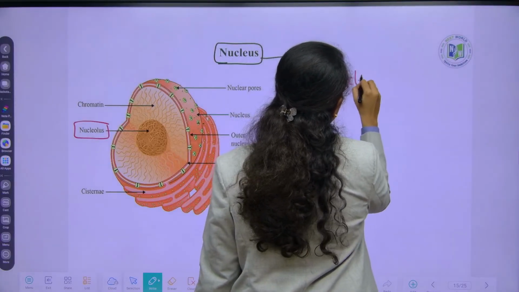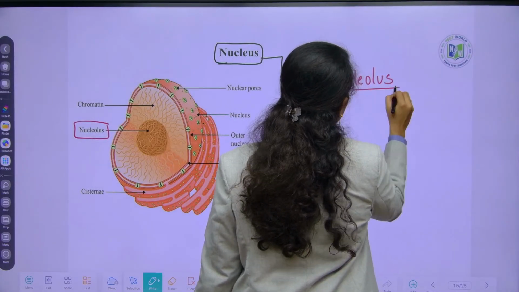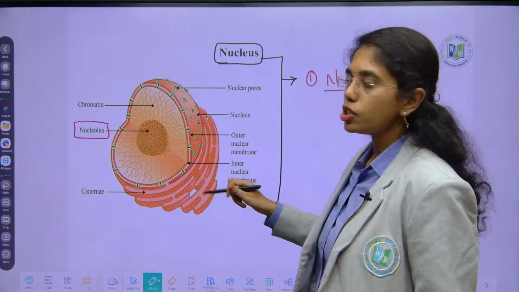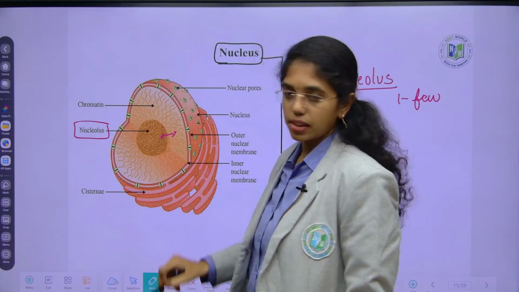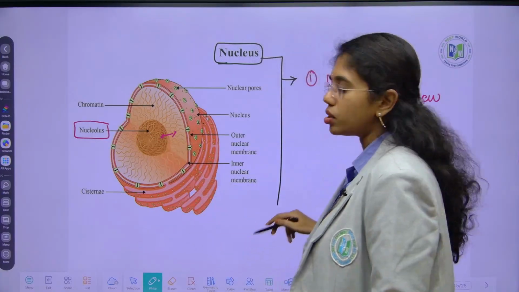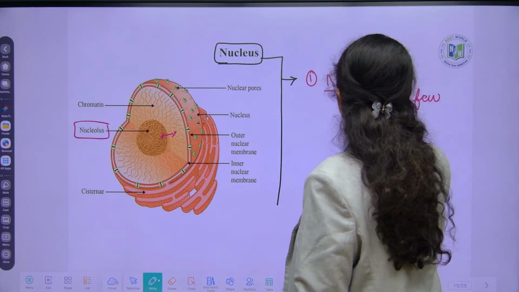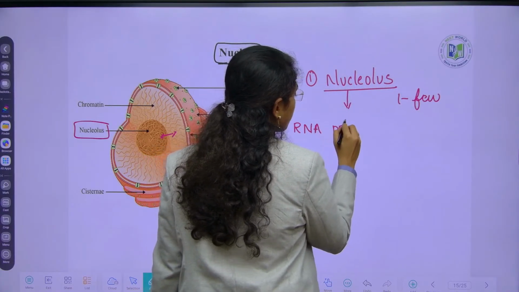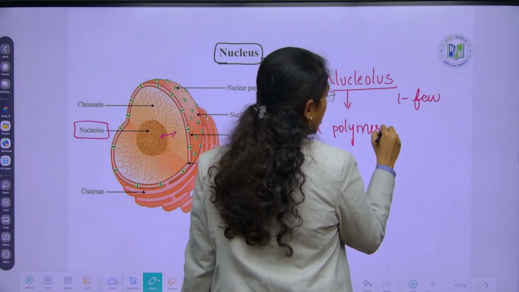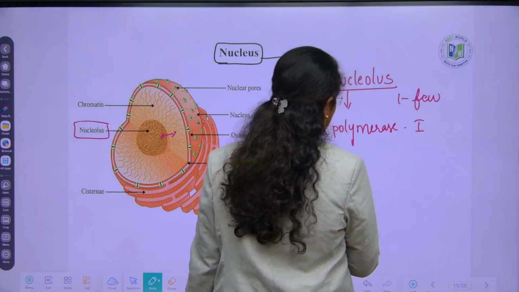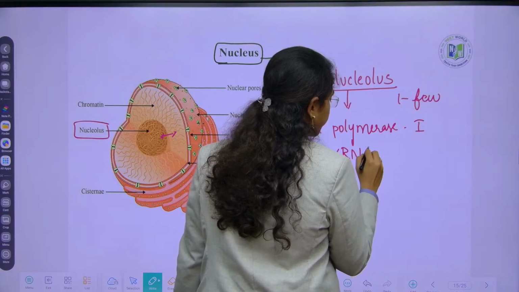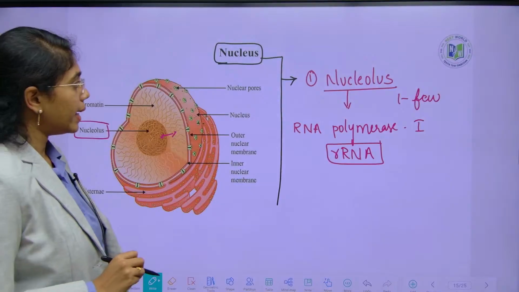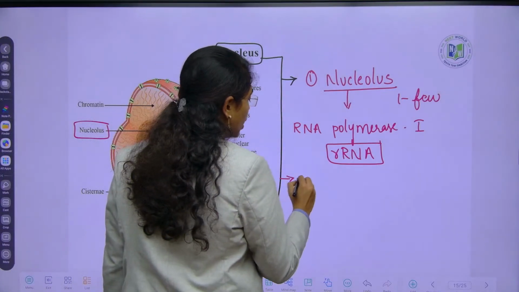Its components will be continuous with the cytoplasm, and the nucleolus is the region where rRNA synthesis takes place by RNA polymerase 1. RNA polymerase 1 will synthesize what? rRNA, ribosomal RNA. Okay.